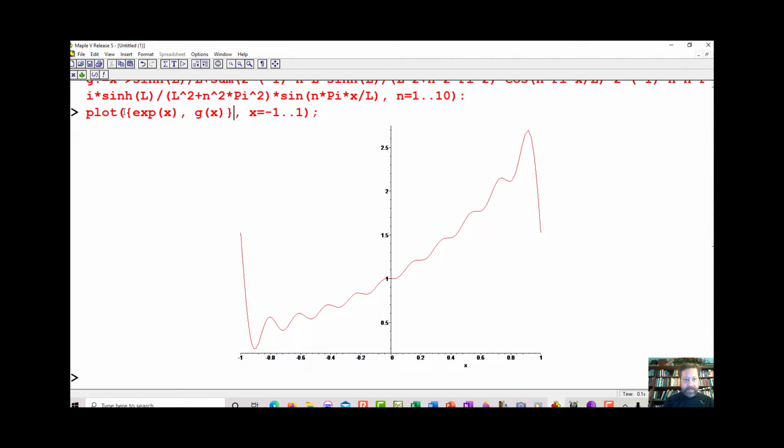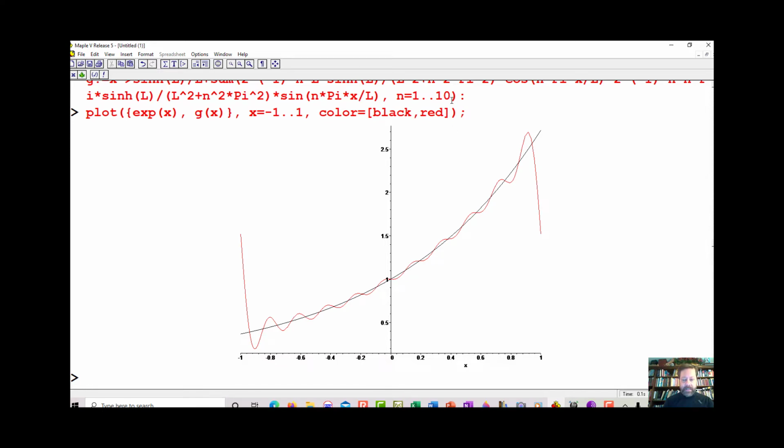I'm going to plot this set of functions, in which case you can see how far off we are. And you can see our e to the x function is fairly close to what we have here.